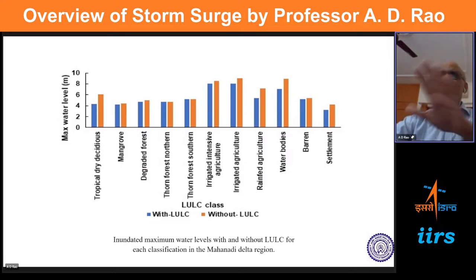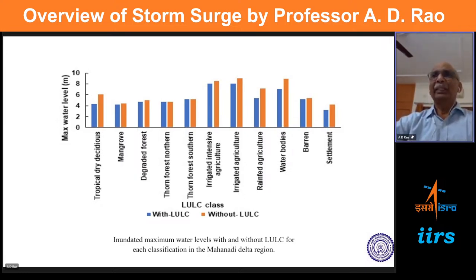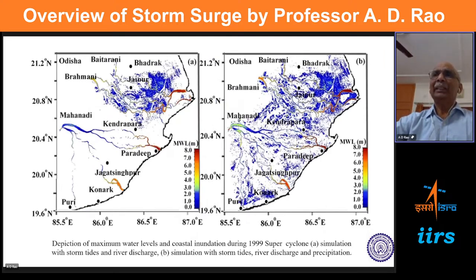I don't want to go into the details of this one again. What is important is that if you don't consider precipitation, it makes a lot of difference. I don't know how many of you know, in 1999 that super cyclone was sitting over the Mahanadi basin for 2 days and pouring a lot of precipitation.